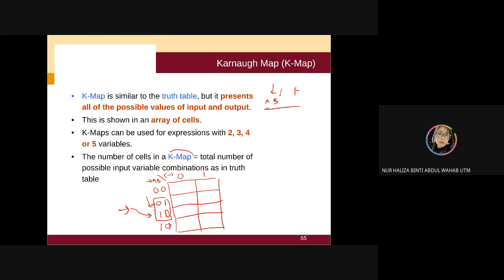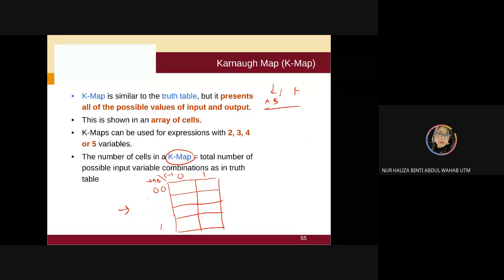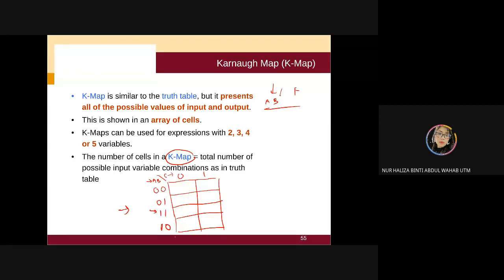But for the K-map, you need to follow this flow, which is 0 0, 0 1, 1 1 and 1 0. Then you fill in the values inside following the scenario. Okay, that is for 3 inputs. If you have these 3 inputs, you can also have it like this.